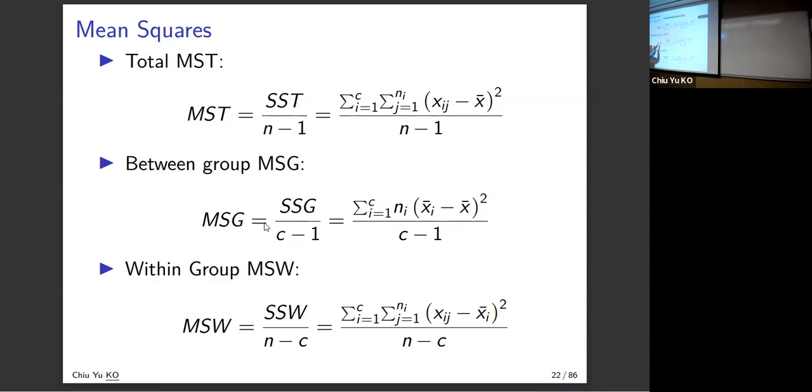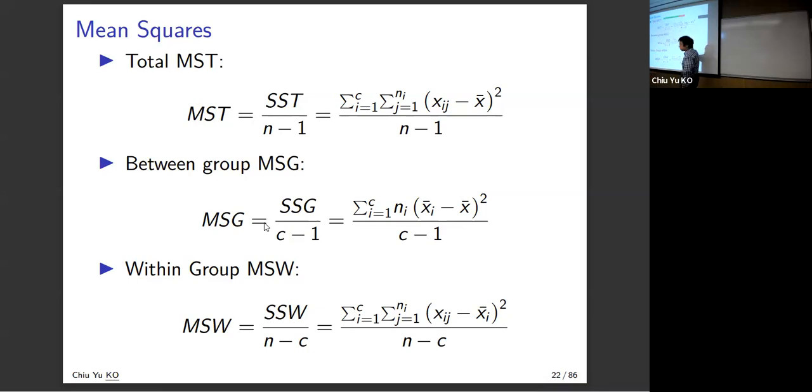The next one turns out to be MSG, over C minus 1. C is how many groups there are. Why is this also a measure? Because the group mean is also a random variable, also bell-shaped. And under the null, they have the same mean.